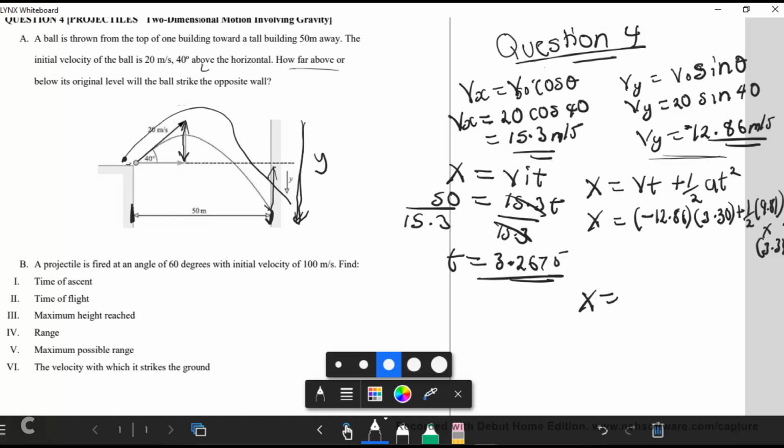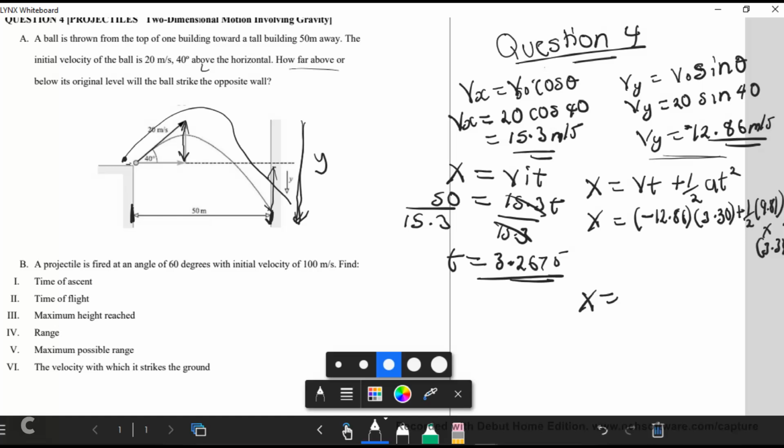So when I multiply there, I'll get something like negative 12.86 times 3.3.